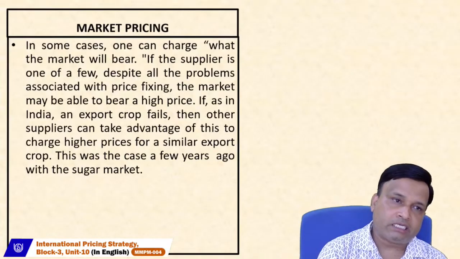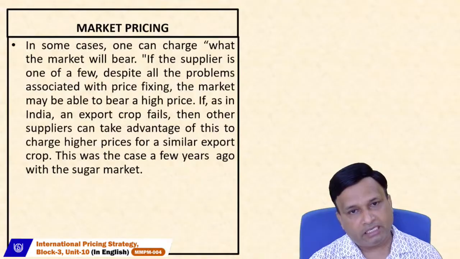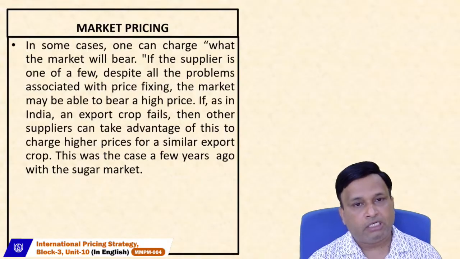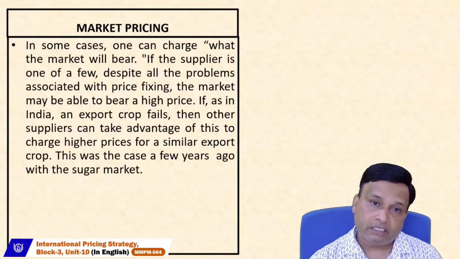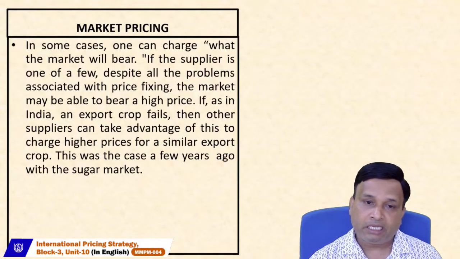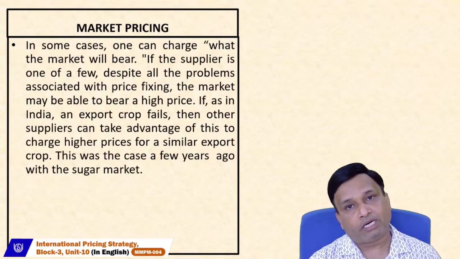In some cases one can charge what the market will bear. That is exactly the mass market. If the supplier is one of a few, despite all the problems associated with price fixing, the market may not be able to bear a high price. But if, as in India, the export crop fails, then other suppliers can take advantage of this to charge a high price for similar export crops. This was the case a few years ago with the supermarkets.